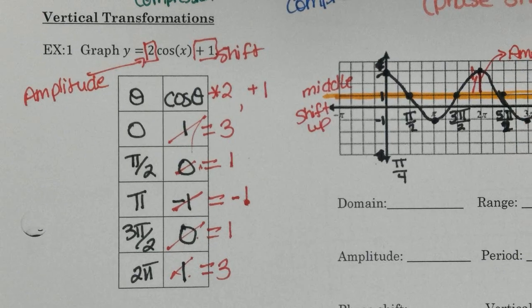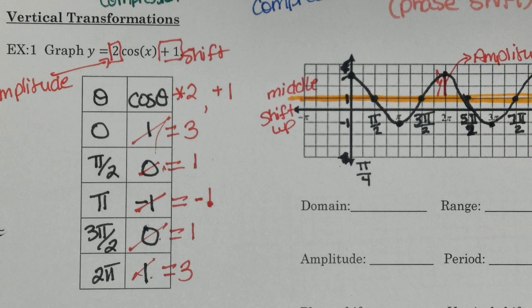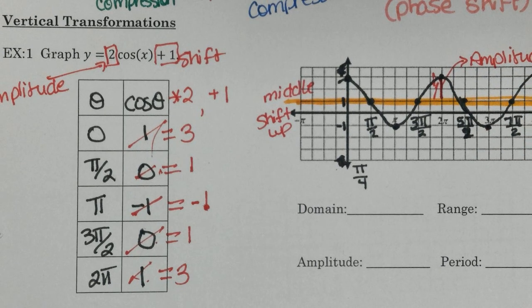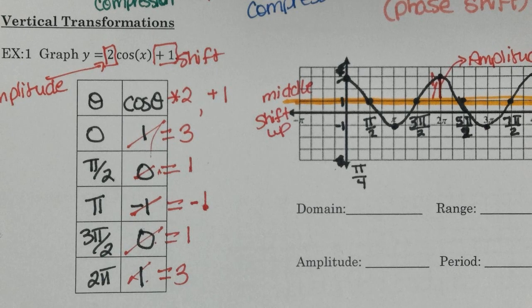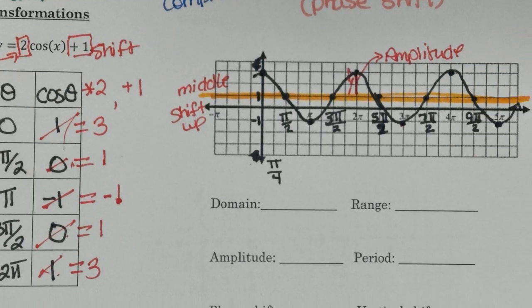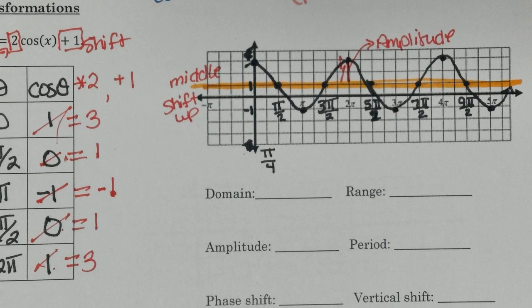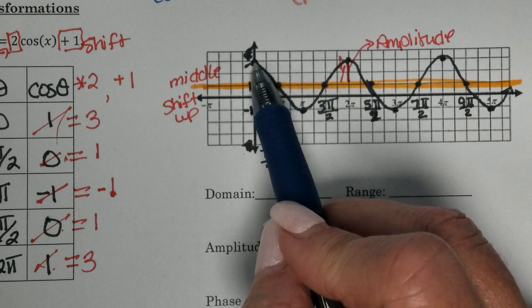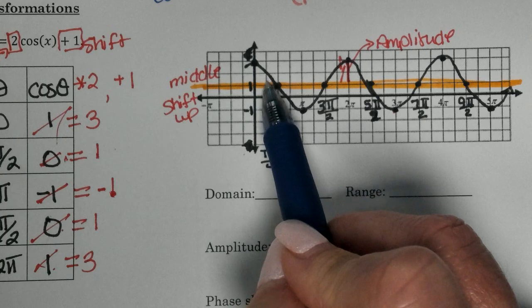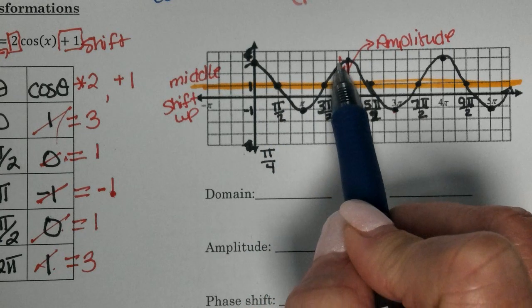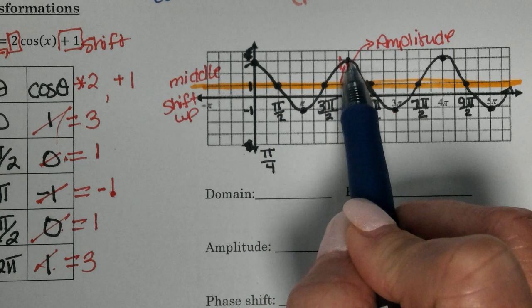All right. Then the next thing we want to determine is our cycle, the period. How long did it take for us to complete a full cycle? Well, if you notice, we started here, went down, and then went all the way back up, and then it started to repeat again.